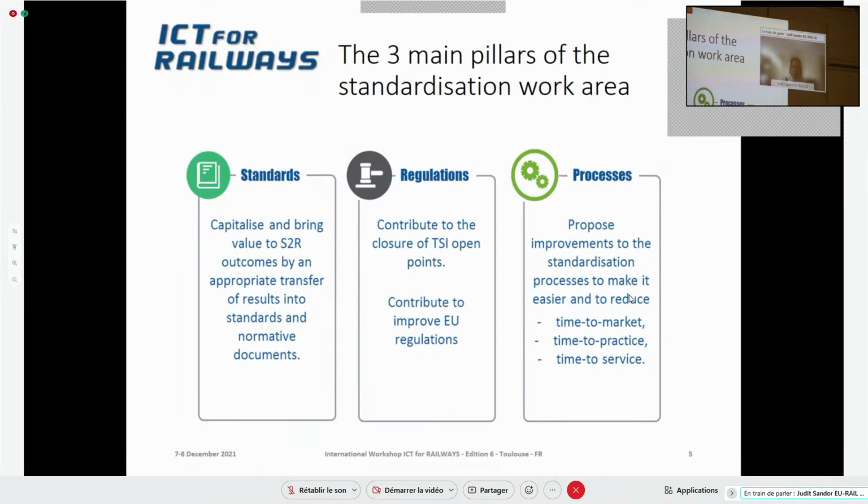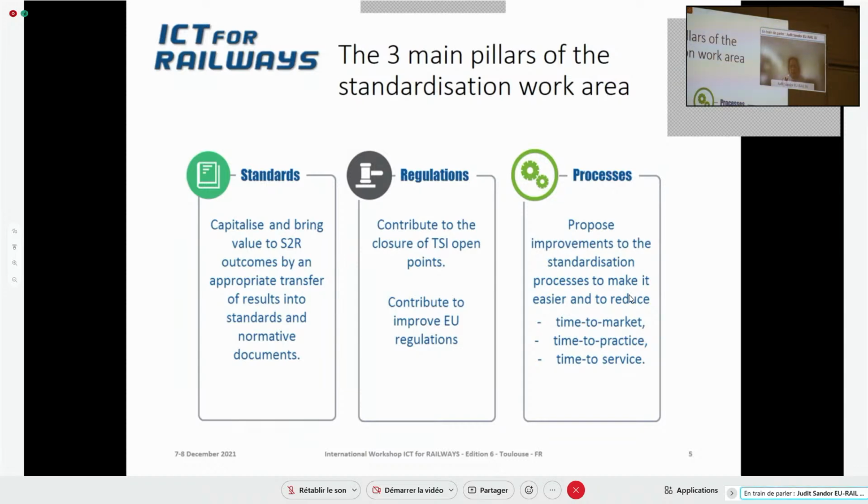And also to see how to improve the processes for standardization, because as we know, life is now very accelerated, and we have to react quickly to the new trends, new technologies and new solutions that are popping up.